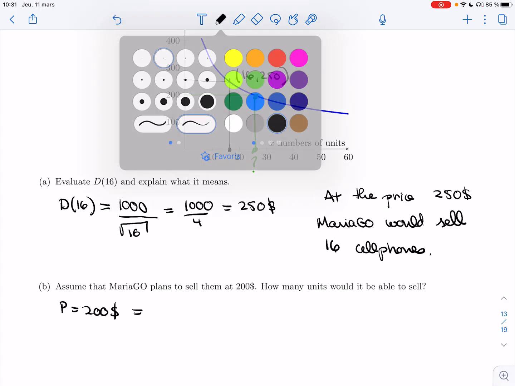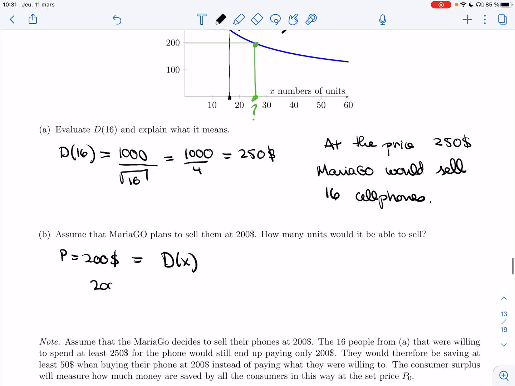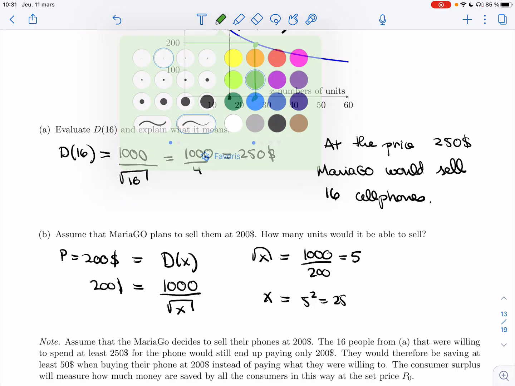So 200 would be d of x. So $200 is 1,000 over square root of x. That means square root of x is $1,000 over $200. That's 5. And so x is 5 squared, which is 25. So that question mark we now know is actually 25.